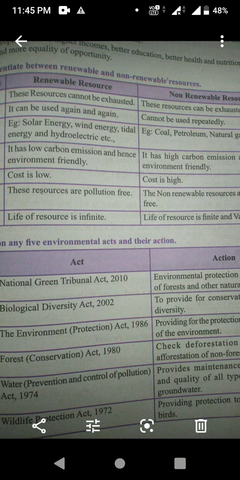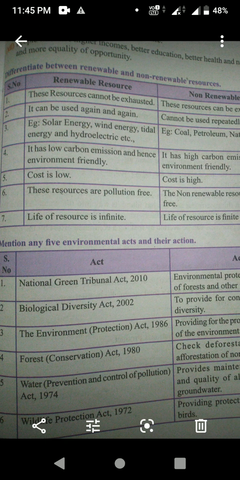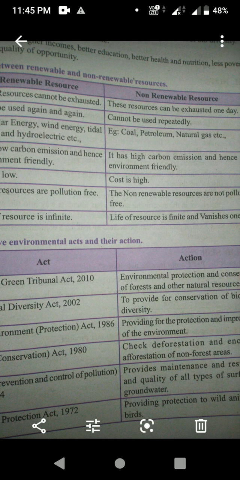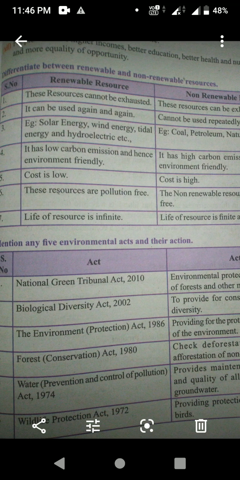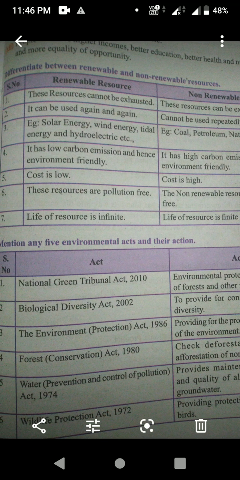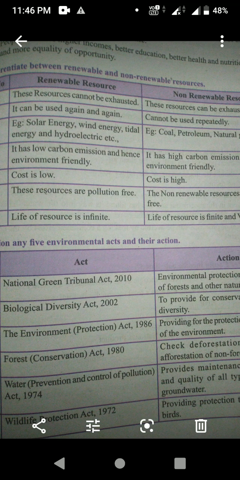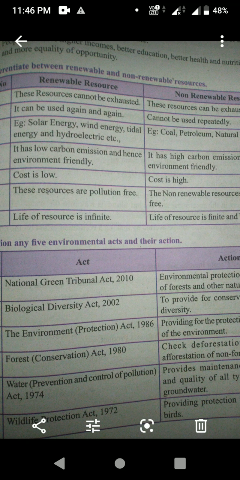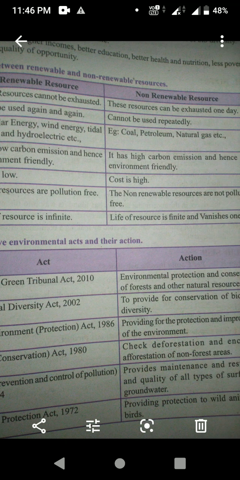Renewable has low carbon emission and hence is environment friendly; non-renewable has high carbon emission and hence is not environment friendly. Cost is low; cost is high. Renewable resources are pollution free; non-renewable resources are not pollution free. Life of renewable resources is infinite; life of non-renewable resources is finite and they vanish.